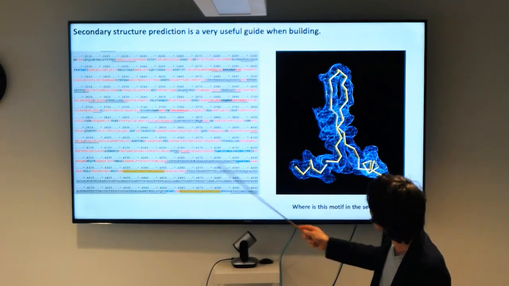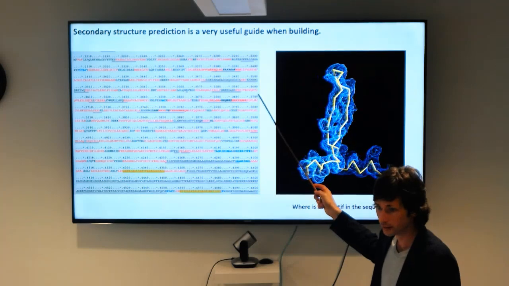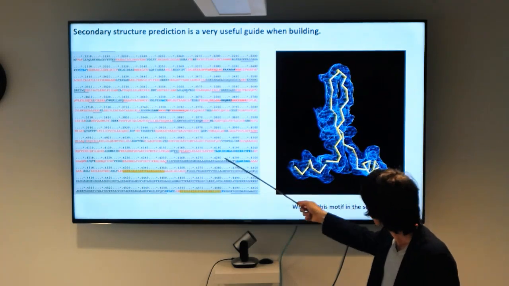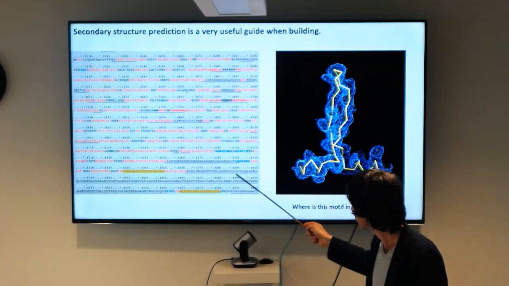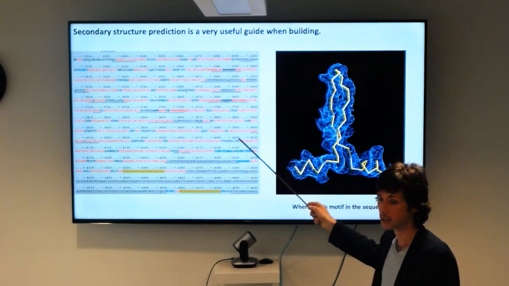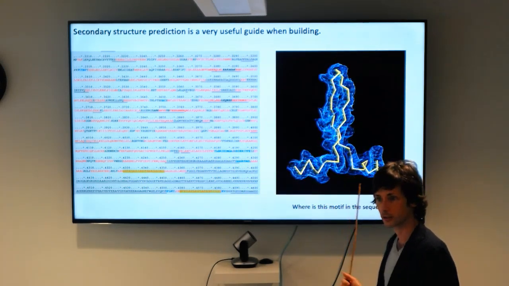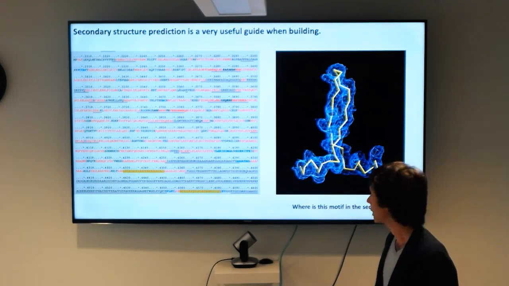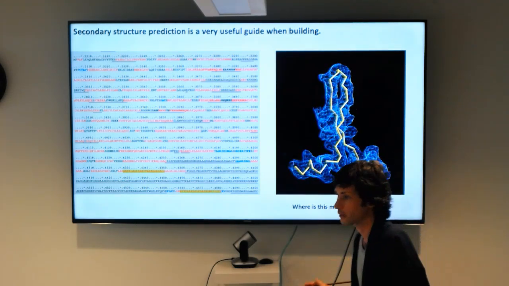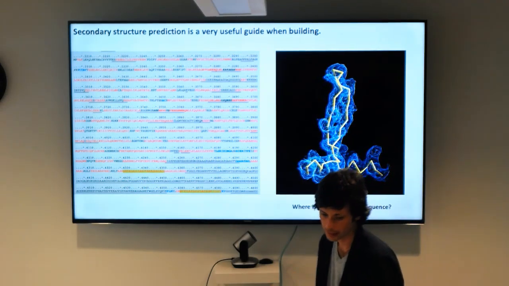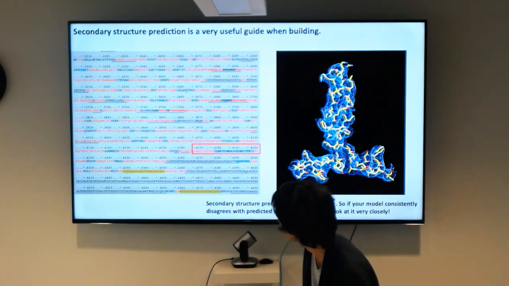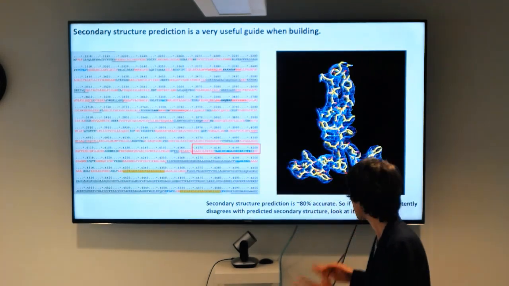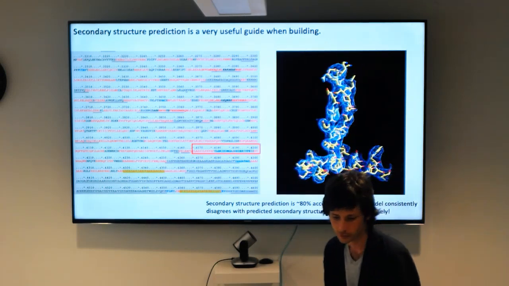Because you can see that almost everything here is predicted alpha helical. But there's one location, maybe a couple of other candidate locations, but really just one location where you have a very strongly predicted pair of beta strands. And so that would be the first region you would choose to anchor yourself on. And, yeah, so basically that's what I was describing.